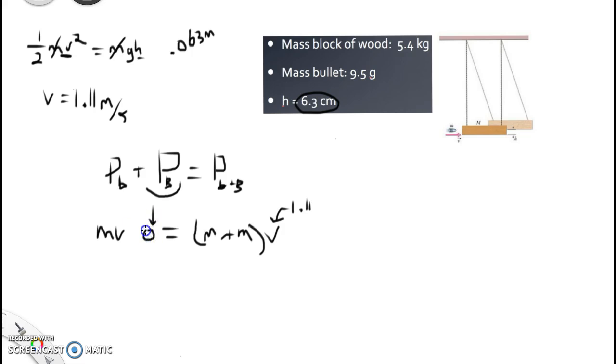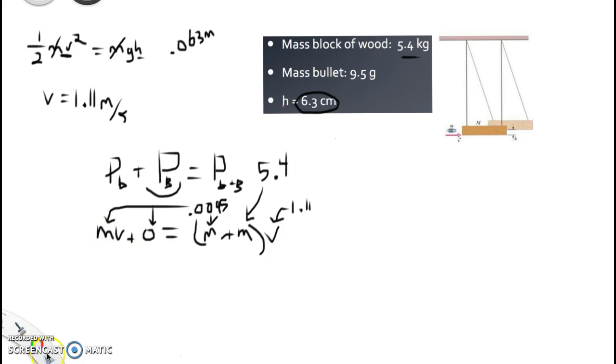The block had a mass of 5.4 kilograms, and the bullet has a mass of 9.5 grams, or 0.0095 kilograms. Now we can go ahead and solve for this velocity.